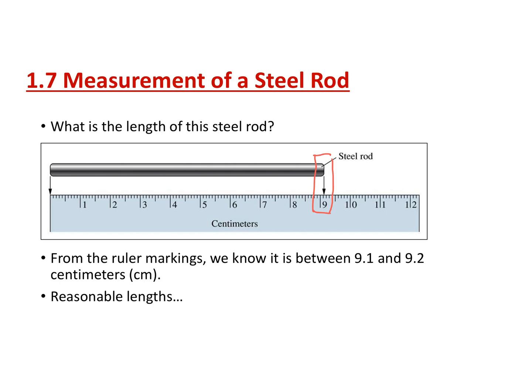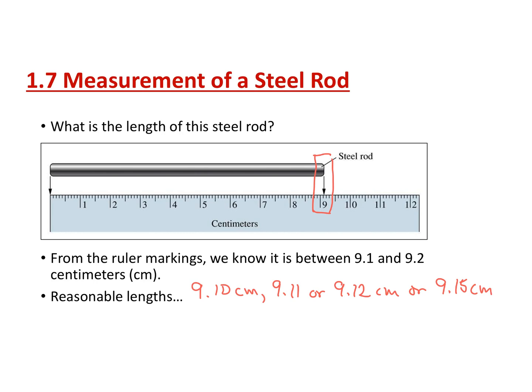So all reasonable answers, you could say, I think that's exactly 9.10 centimeters, or I think that's 9.11, or 9.12, or 9.15, right? All of those are reasonable answers because it's beyond 9.1, it's less than 9.2.